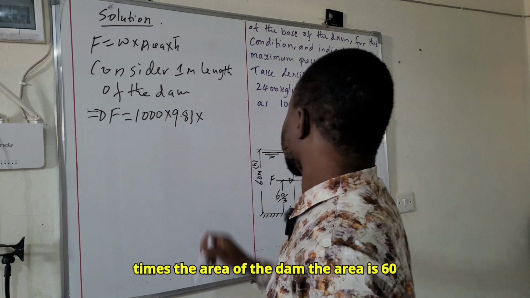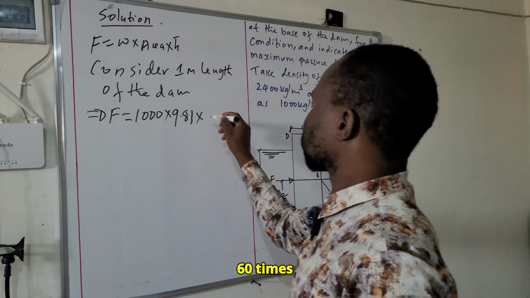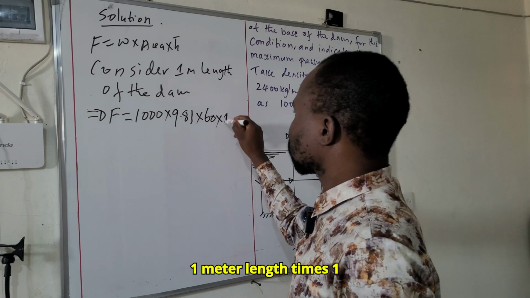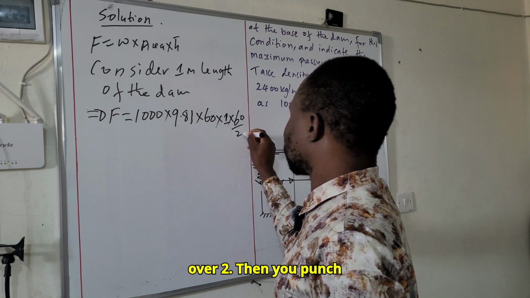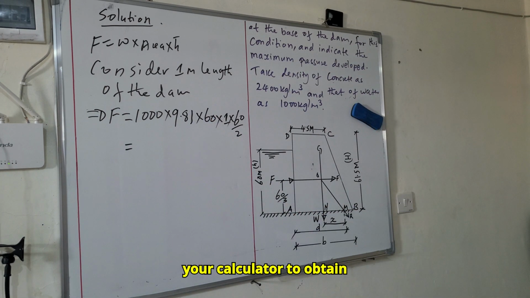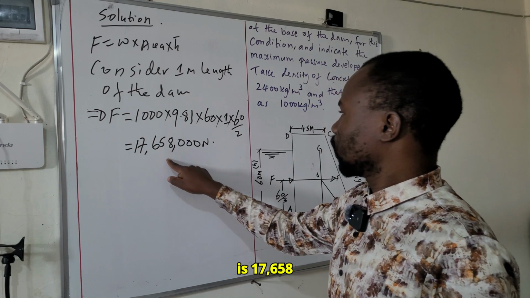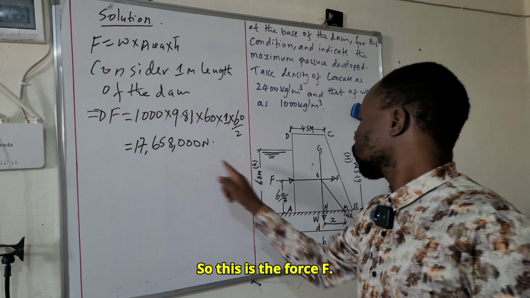Then times the area of the dam. The area is length times width, so we have 60 times 1 meter length, times h bar. H bar is 60 over 2. Then you punch your calculator to obtain the answer. So the answer is 17,658,000 Newton. So this is the force F.